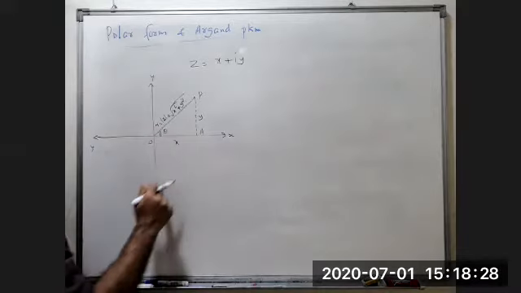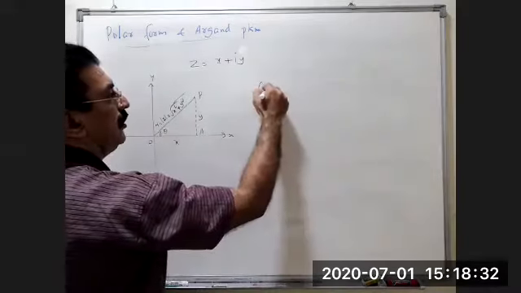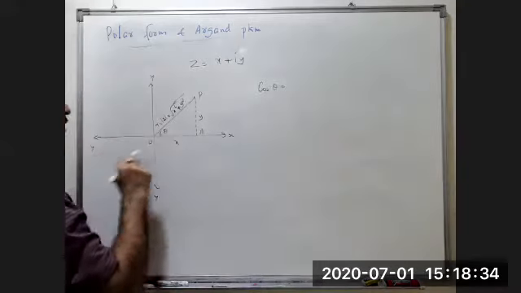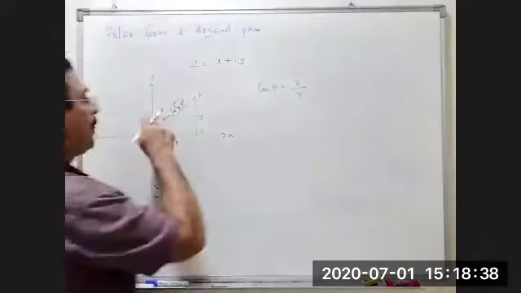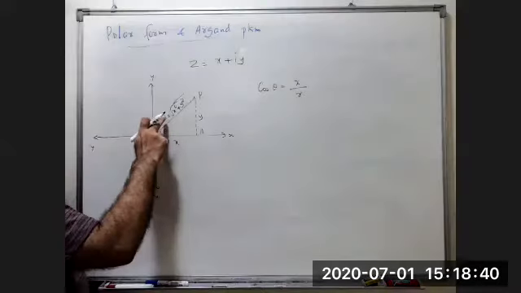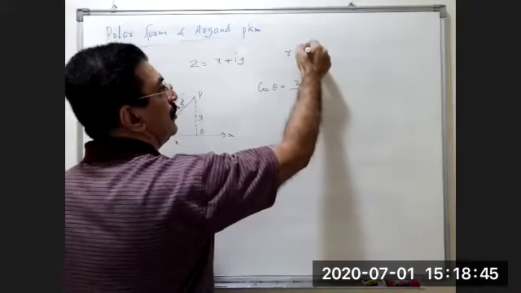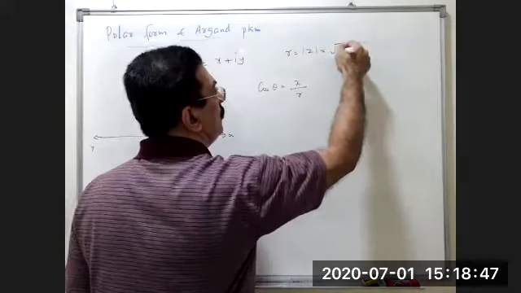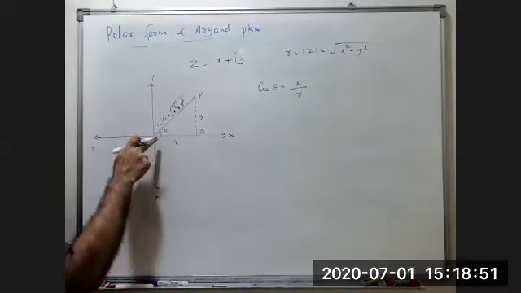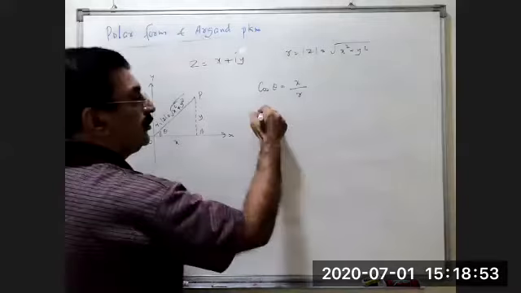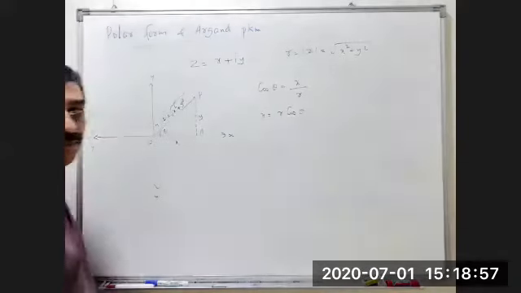Now see, from this figure, what is cos theta? Cos theta is the adjacent side by r, where r is the modulus of z, which is root of x squared plus y squared. So cos theta is x by r, and from this we can write x is equal to r cos theta.